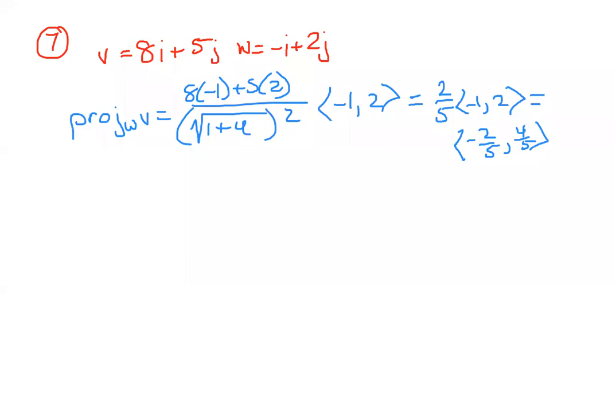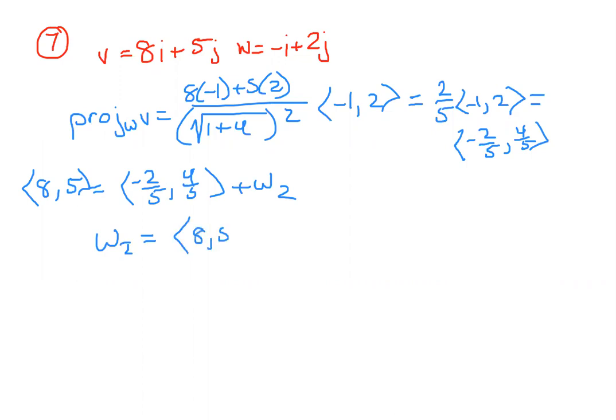And then we're going to rewrite V as that plus W2. I'm going to write V here as 8, 5. So we're going to solve for W2, which is going to be 8, 5 minus -2/5, 4/5.